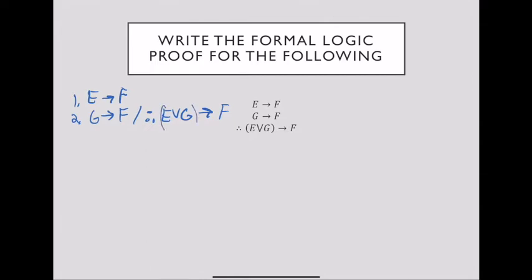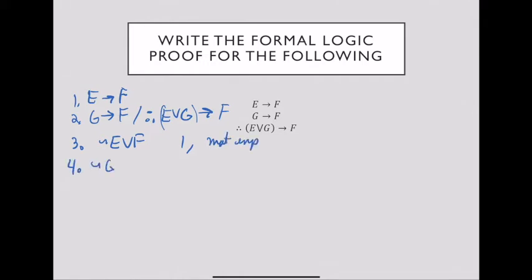So the first thing I'm going to do is use material implication on both of these, 1 and 2, because I'm not quite sure what step I need to do next. So that means 1, I use material implication, and that's one of our replacement rules.